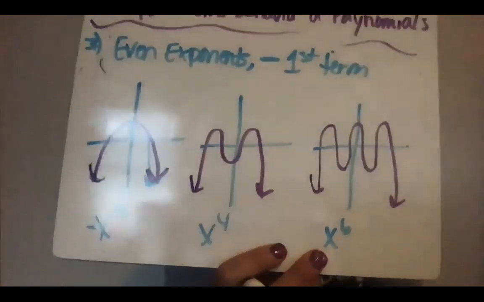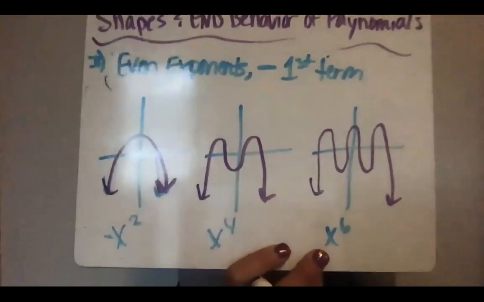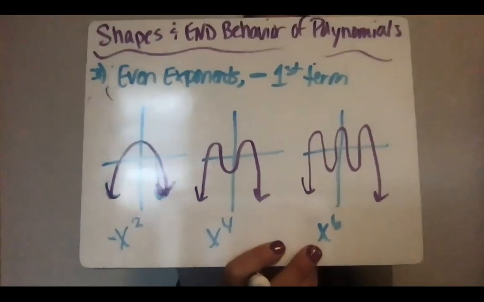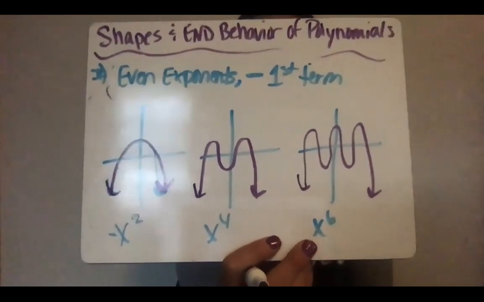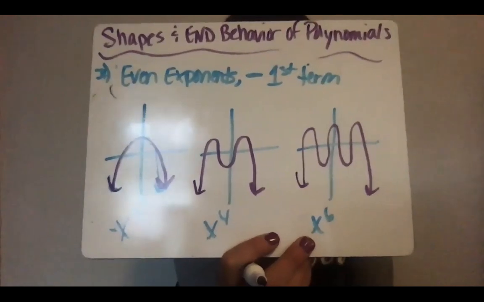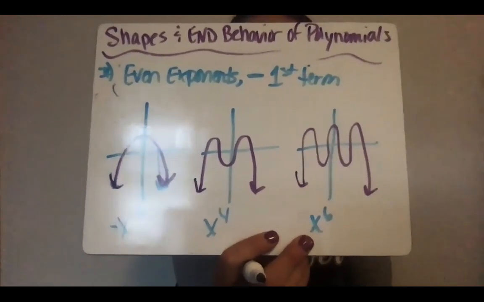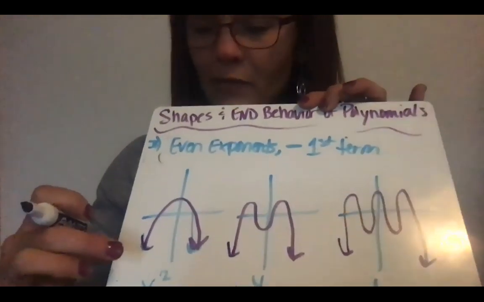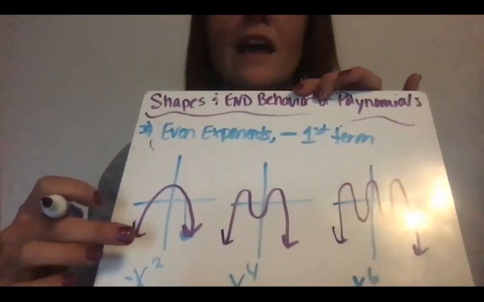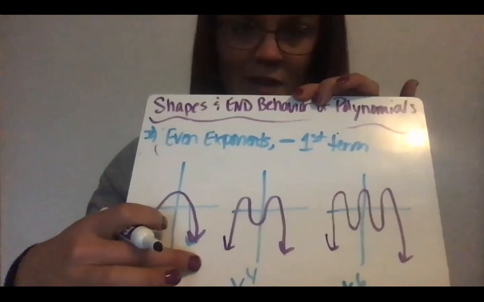All right. So most important thing here is that we understand what happens to the graph. So if it has a negative in front, it's going to turn it down, or it's going to flip it. So now what happens to the end behavior? The end behavior is not positive infinity to positive infinity anymore. Now it's coming from negative infinity and going to negative infinity.